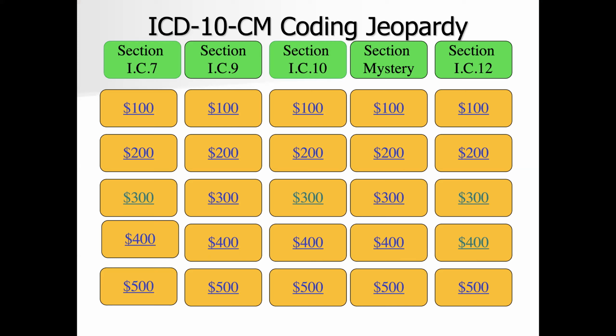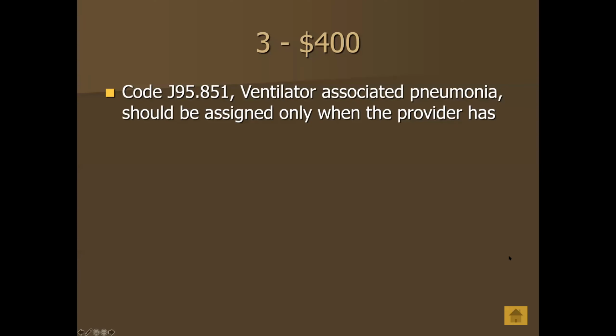Section 10 for 400. J95.851, ventilator-associated pneumonia, should be assigned only when the provider has. Ventilator associated should be assigned when.